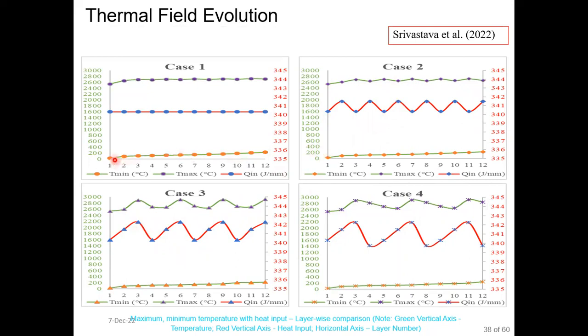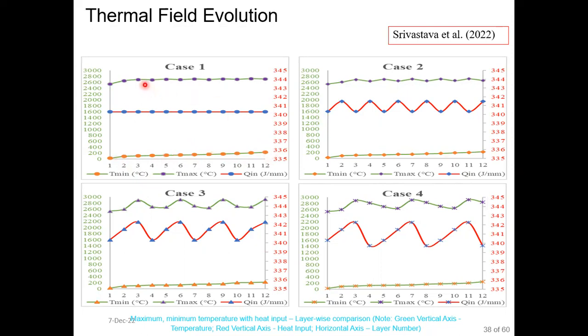So here at the bottom of this graph, the green line is basically representing the minimum temperature achieved before the deposition of every layer. In all the cases, we can see the value of minimum temperature is increasing as the layers keep on depositing.